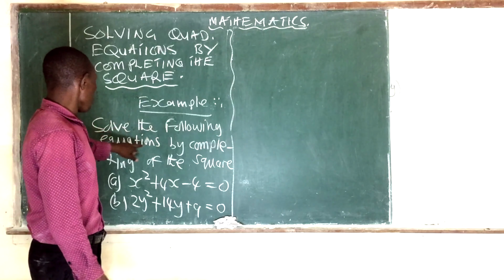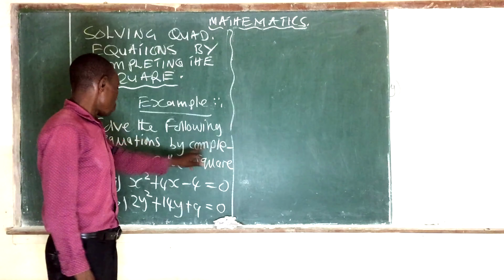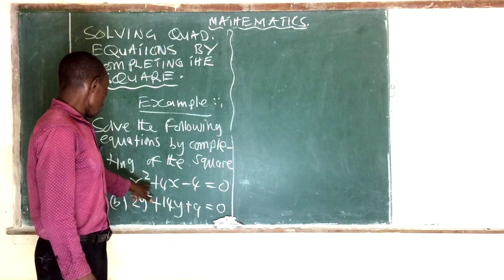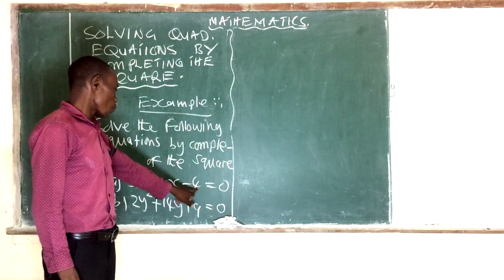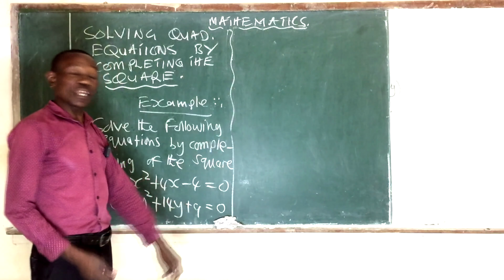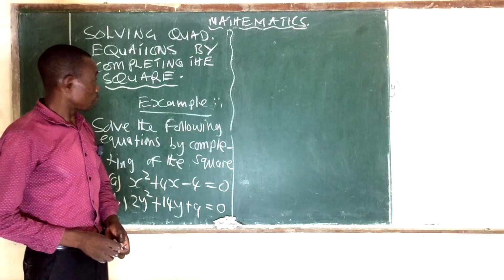Solve the following equations by completing the square, not by the factor method. A, x squared plus 4x minus 4 is 0, and then 2y squared plus 14y plus 9 is 0.